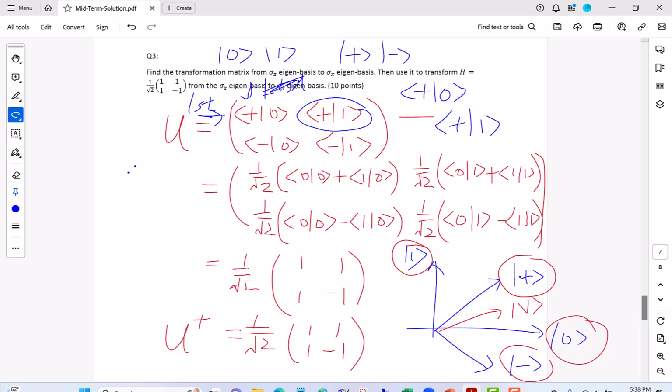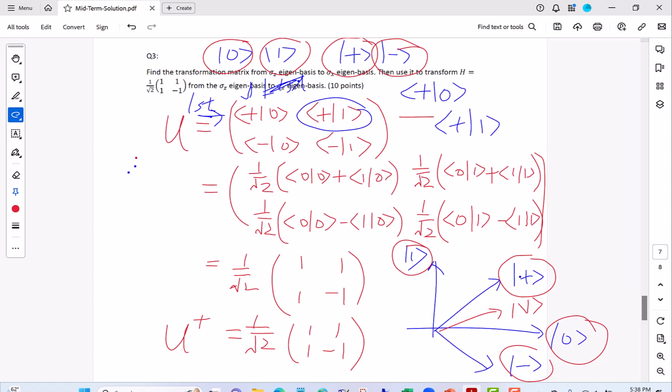Is that okay? Because I'm claiming that the first basis vector of the sigma C is 0, the second one is 1. Then the first basis of the sigma X is plus, the second one is minus. So what I'm doing is that based on the row and column, the row will take the bra of the new basis corresponding to that row.